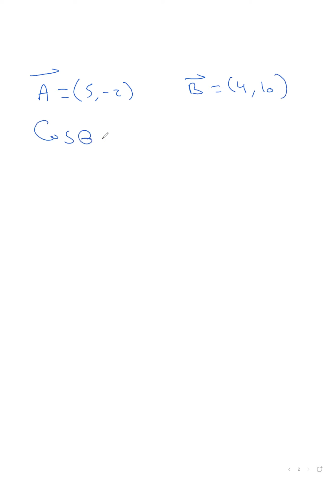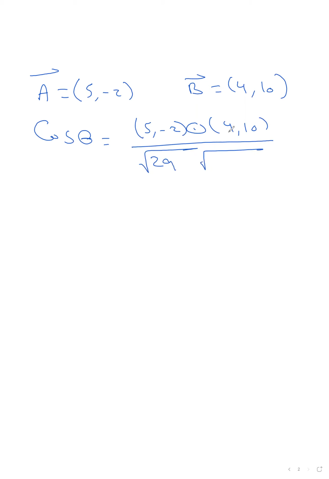Cosine theta will be A dot B, which is (5, -2) dot (4, 10), divided by root of 29 times root of 16 plus 100, which is 116. It will be 0. Why 0? Because 5 times 4 is 20, minus 20, over root of 29 times 116. Cosine theta equals 0.